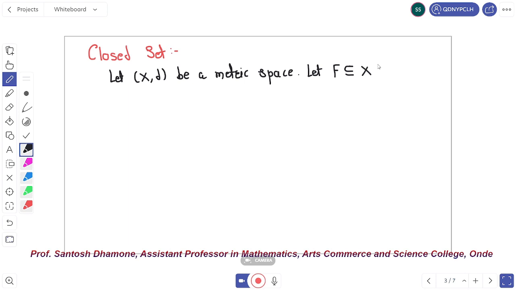This definition tells that F is said to be a closed set if the complement of F, that is X minus F, is an open set. This is the definition of closed set.